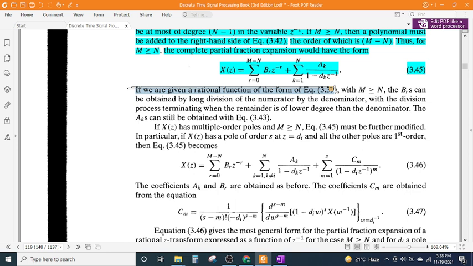becomes Eq. 3.46. The coefficients A_k and B_r are obtained as before.